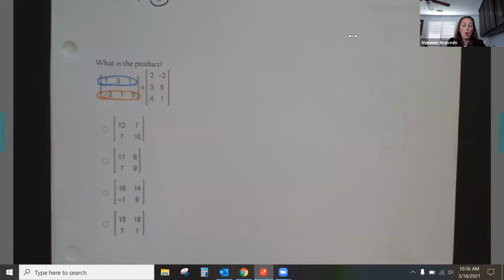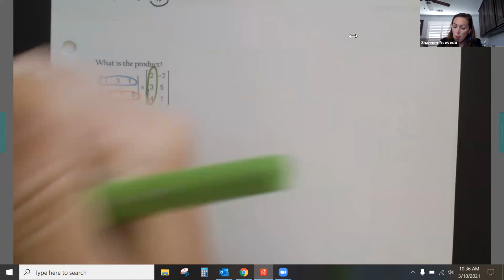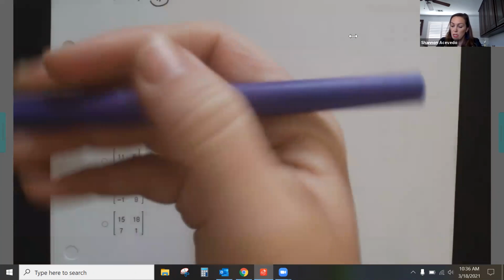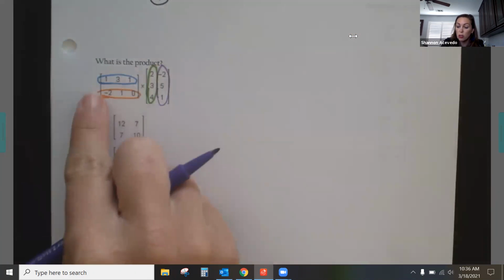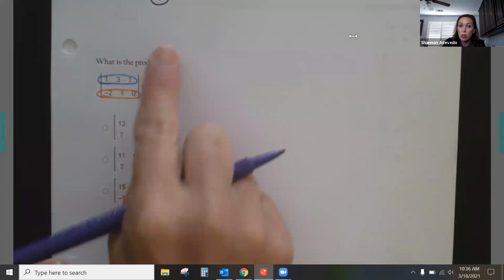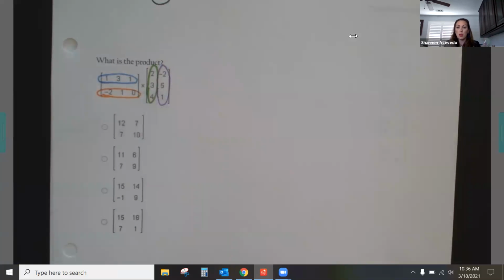The second one, we're looking at the columns. So rows by columns. Again, I like to circle these to help me keep it straight. Make sure that you are always doing rows to the columns. When you talk about an element, it's rows, columns. That's the same pattern throughout everything we do with it. So I know it's going to be a 2 by 2.